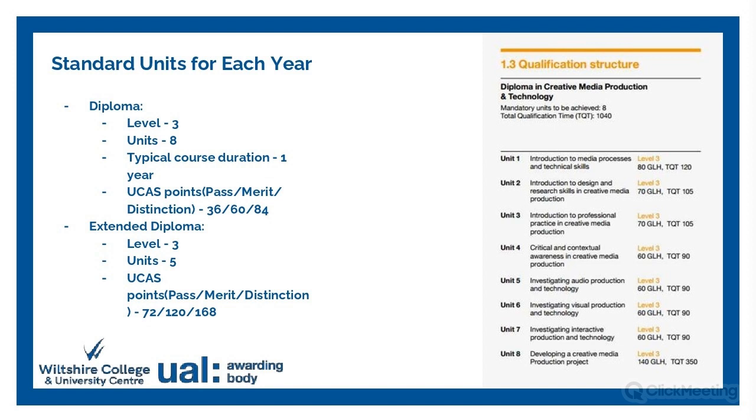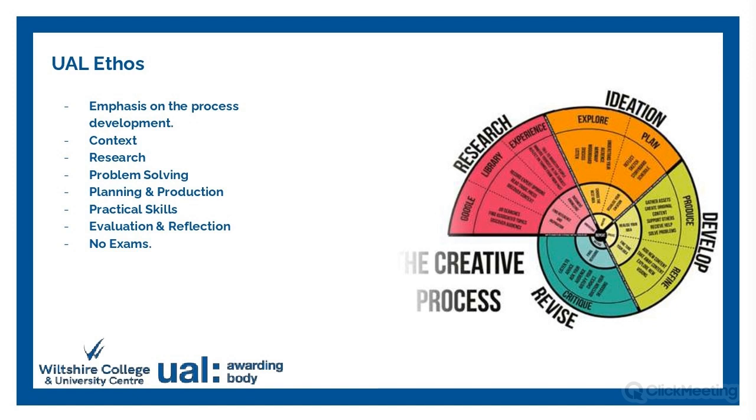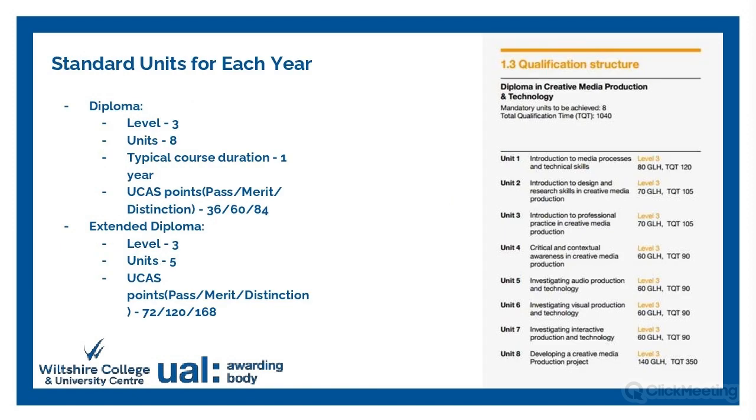So the whole emphasis, if I go back to the last slide, on the process of development is how these units run, because you are allowed to make mistakes during those formative units, and then in the last unit you can build upon all those lessons learned to get a good grade out of it.